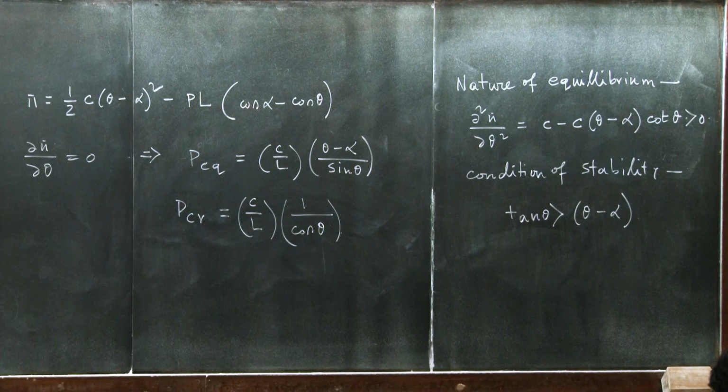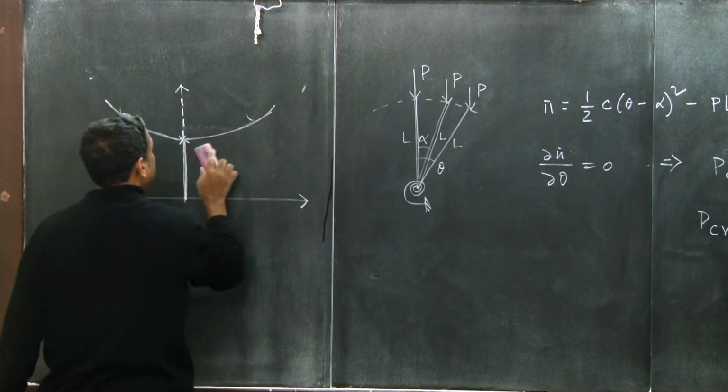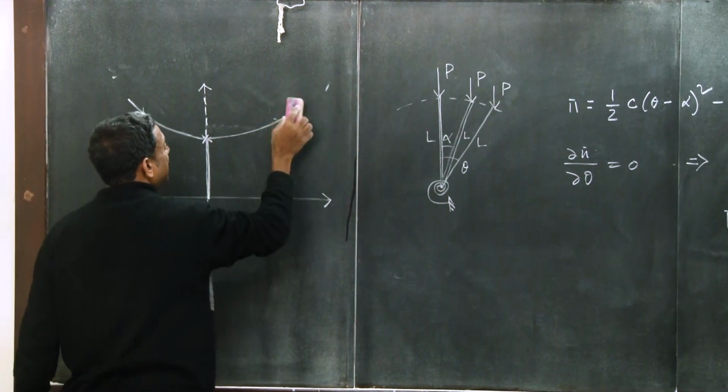So how will I draw that? If I want to draw that, I will draw it on top of this, I will superimpose it here. The way it will look, this looks like a flowery picture.